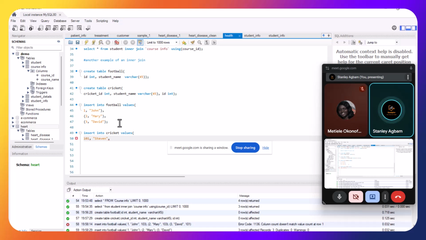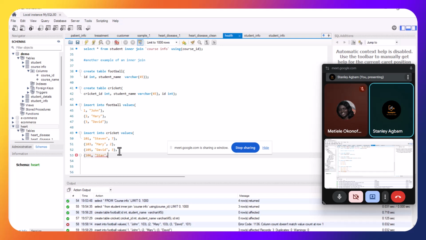Okay, 103 doesn't really matter actually. 103 Mary, football ID of 2, and 105 David, football ID of 3. So on, 106, football ID of 1. Yeah, then we'll stop here.